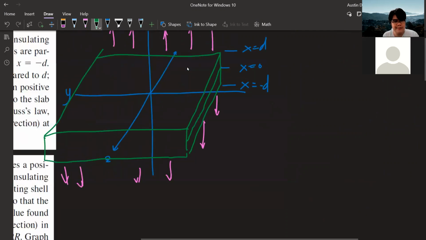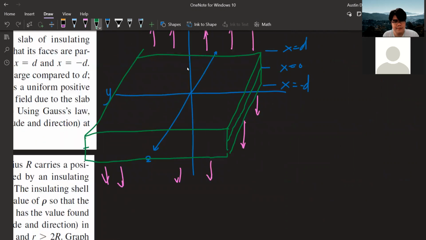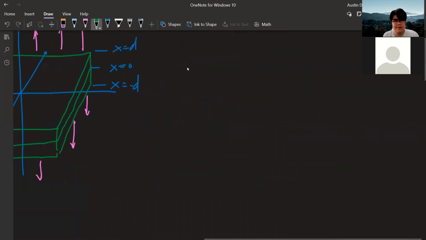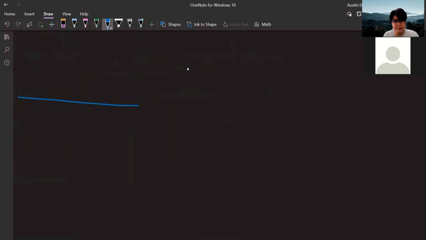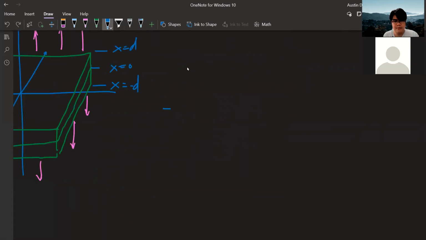Okay? Okay, so imagine this is the x0 line. And you are sandwiched by the two slabs.